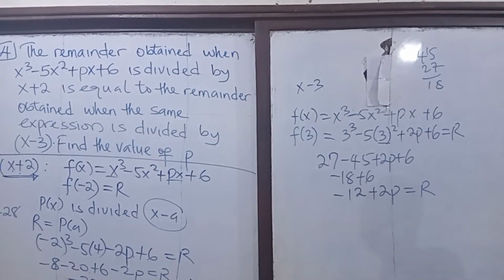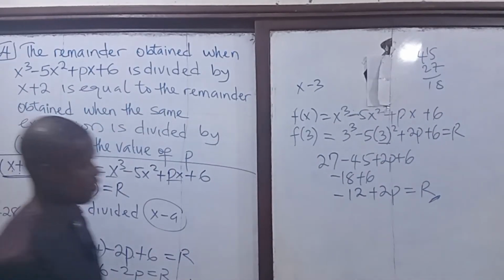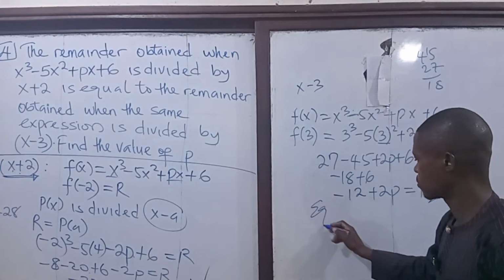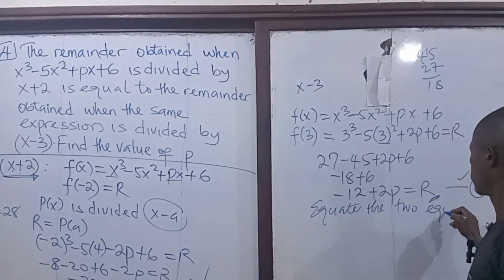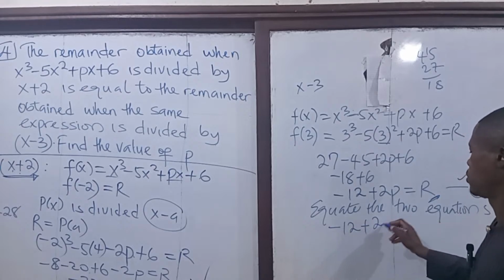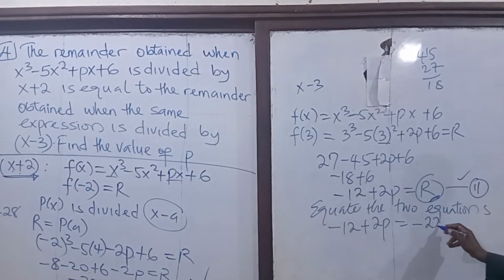And this r is the same, since they have the same remainder. If I call this one equation 2, I can equate equation 1 and equation 2 together. So minus 12 plus 3p equals minus 22 minus 2p.